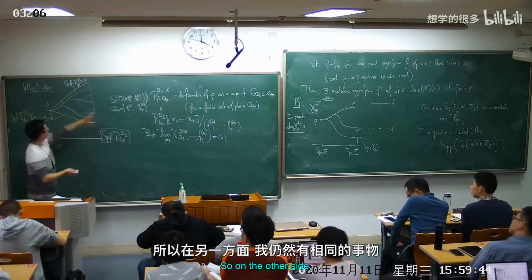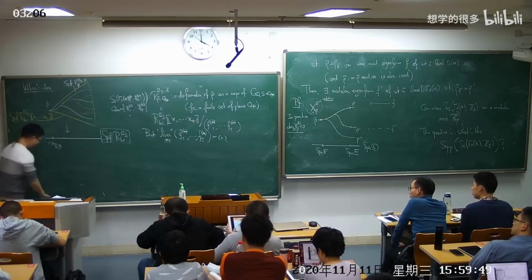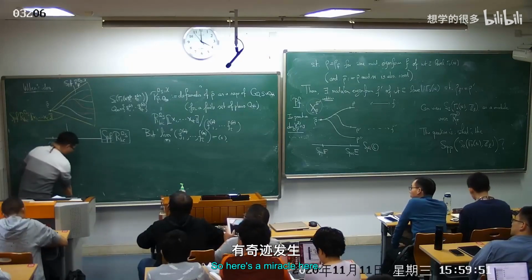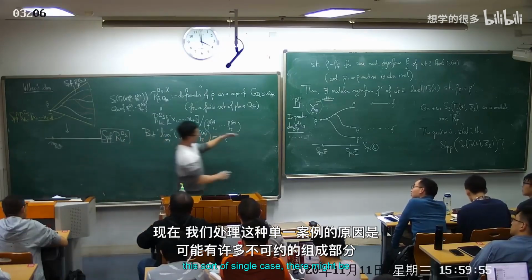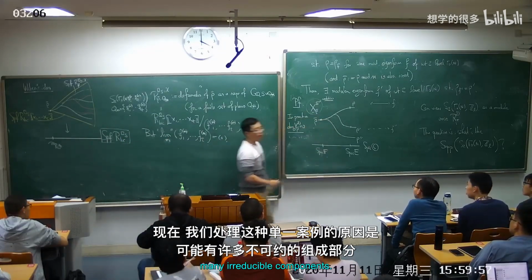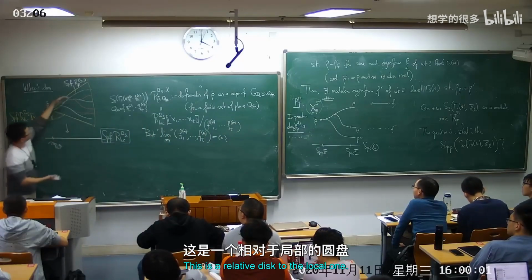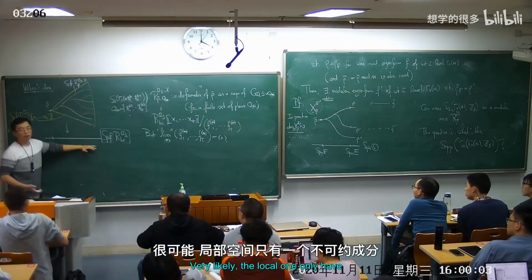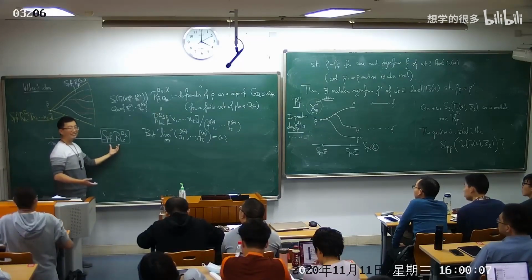So on the automorphic side, I still have the same thing. So now I grow. Let me finish. So here's a miracle here. Originally, we're working with this sort of a single case. There might be many irreducible components. Now, how many irreducible components do we have now? This is a relative disk to the local one. Very likely, the local one only has one irreducible component.